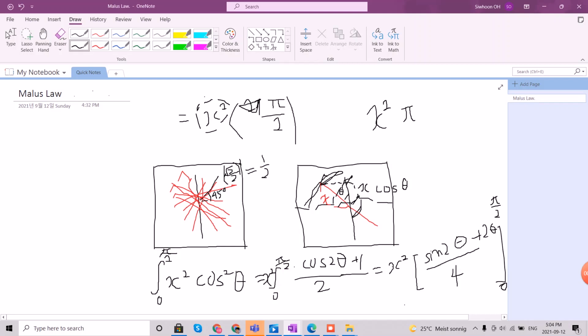And here, when it's perfectly perpendicular to the polarizer, the intensity is 0. So on average, which is what we see right here, the intensity is halved.